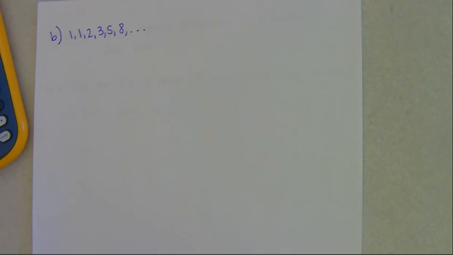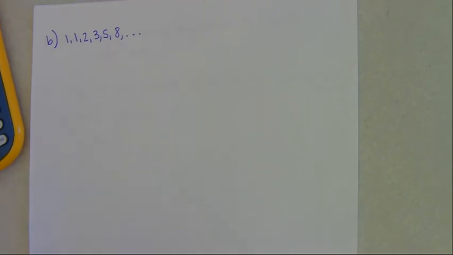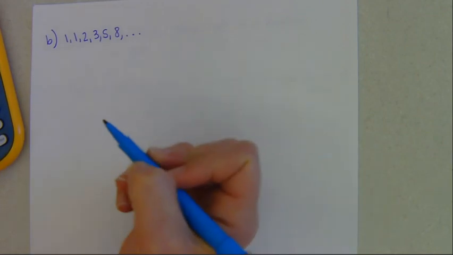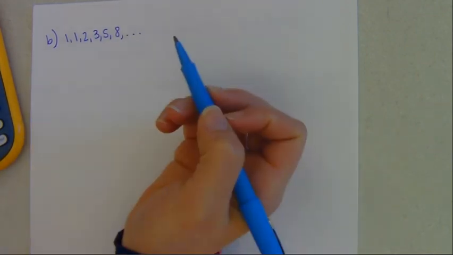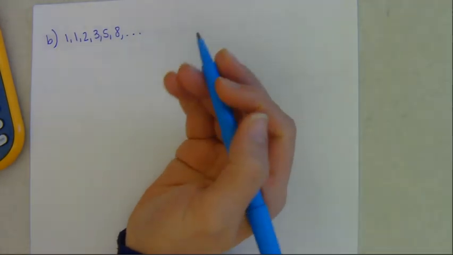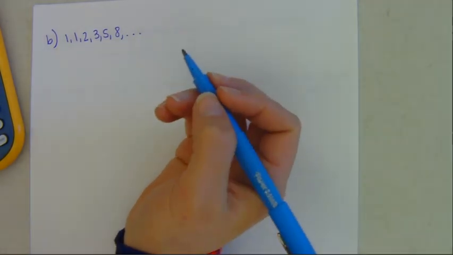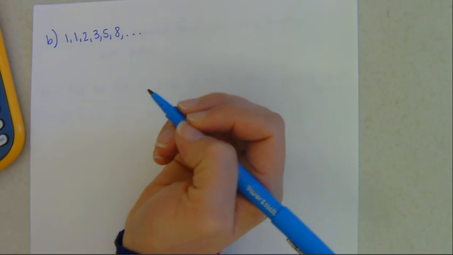So here's the pattern. Go ahead and look at it, pause the video, see if you can figure out the pattern, see if you can even figure out the next term. So you've unpaused the video now, you're super pro at this, you've seen what the pattern is, okay? Have you seen what the pattern is? You are adding the previous 2 terms.